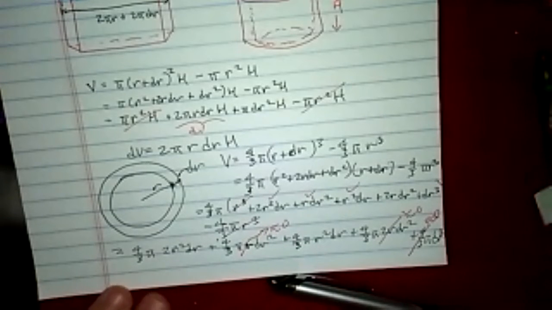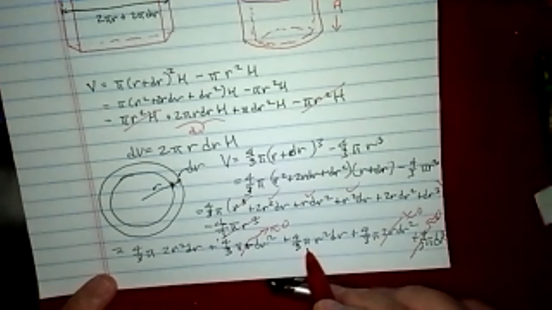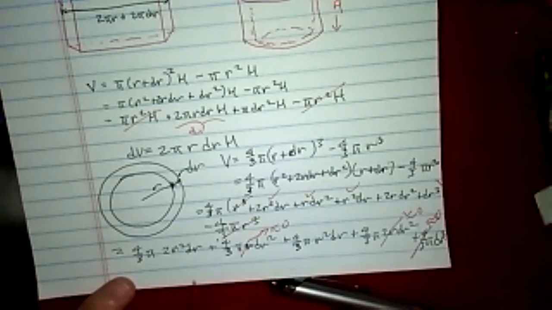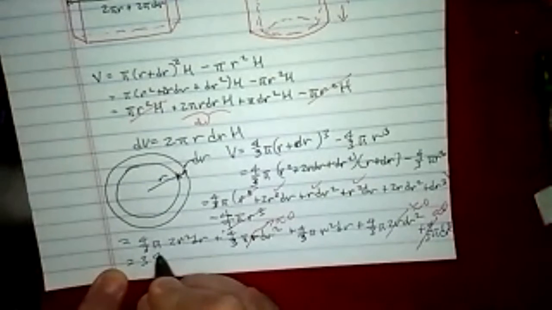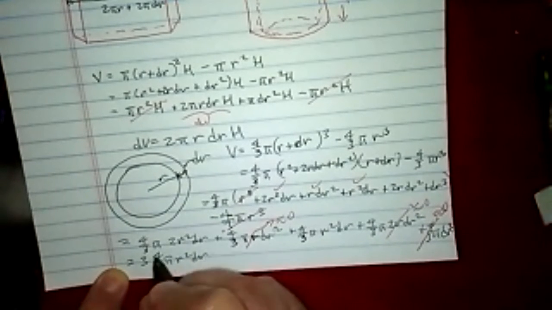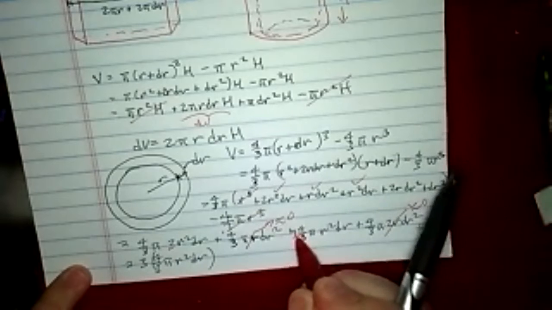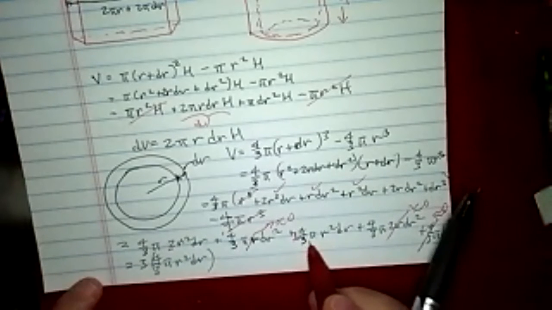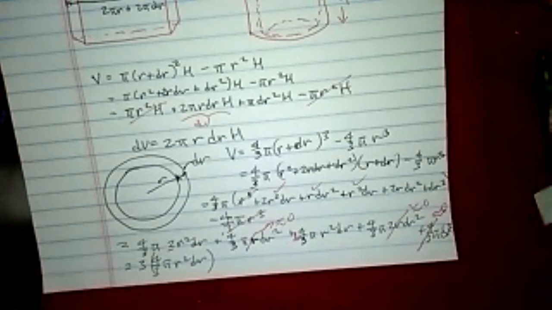So we end up getting 4/3 pi times 2r squared dr plus 4/3 pi r squared dr. So basically we have 3 times 4/3 pi r squared dr. In other words, I took this coefficient, this coefficient by itself and the non-coefficient of 1 that's imaginarily here, and added those, because the remaining parts, 4/3 pi r squared dr, are still the same.